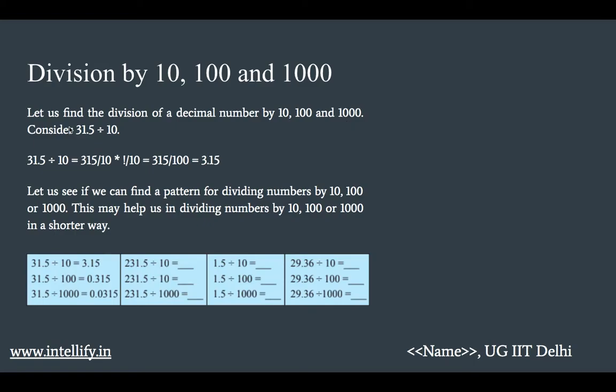In the last slide, we were discussing the multiplication of a decimal number by 10, 100 and 1000. What we used to do was simply move the decimal point towards the right side. In this case, 31.5 can be written as 315 by 10, and we are familiar with the multiplication of a fraction with a whole number.